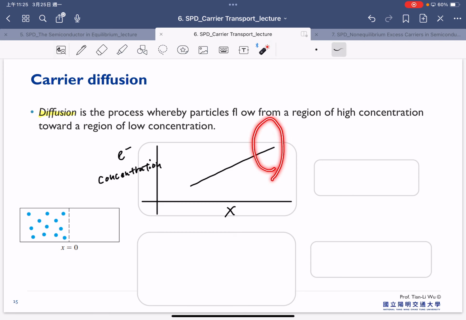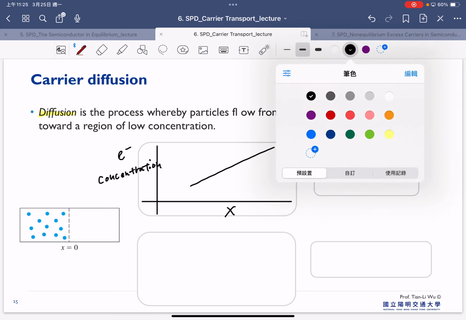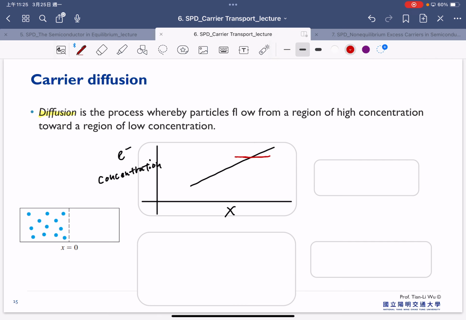Because we have a high electron concentration in this region, these electrons will try to move towards the left. So we have the electron flux towards the left, and that creates the electron diffusion current, because the current is in the opposite direction of the electrons. Therefore, the electron diffusion current is in this direction.